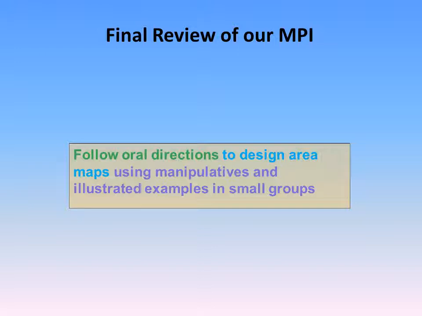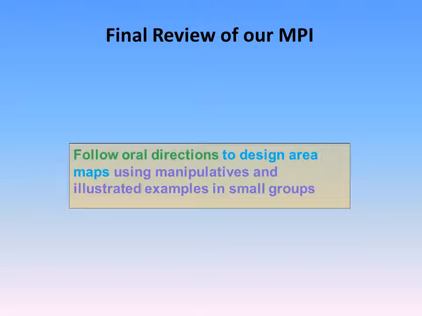So here's a final review of our MPI before we get to our assignments and activities for this module. You'll see again the 3 colors signifying each of the different components of an MPI. I'm going to read it out one more time and see if you can figure out which section is which. Follow oral directions to design area maps using manipulatives and illustrated examples in small groups.